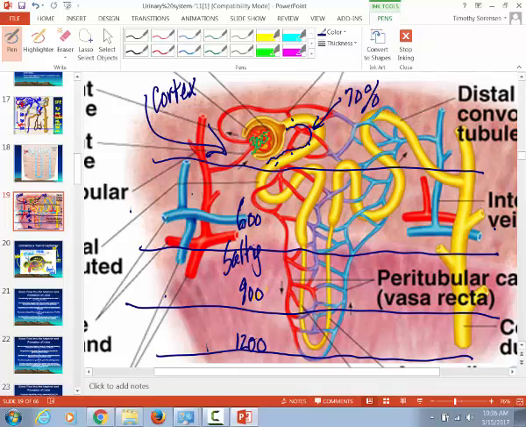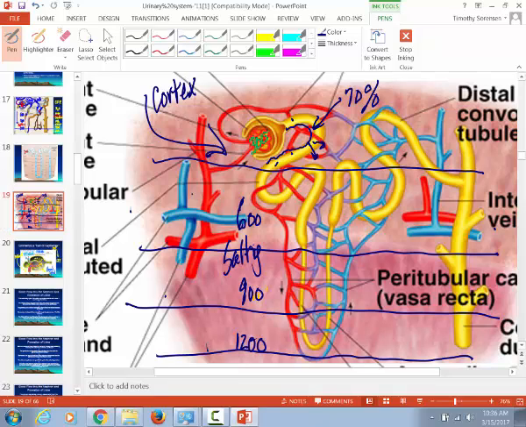So watch. 70% of what was filtered by the glomerulus ends up in the proximal convoluted tubules. That 70% gets actively reabsorbed back into those peritubular capillaries. Are you with me?